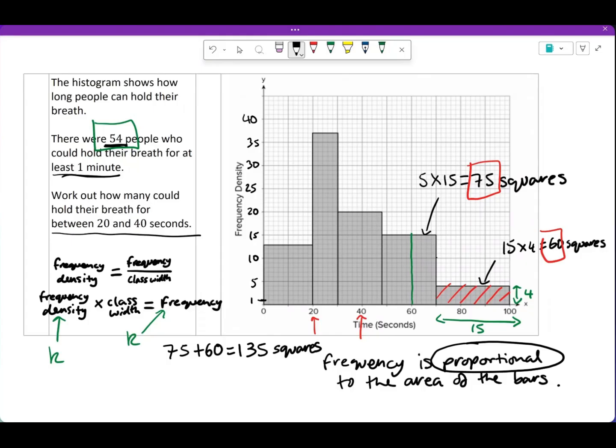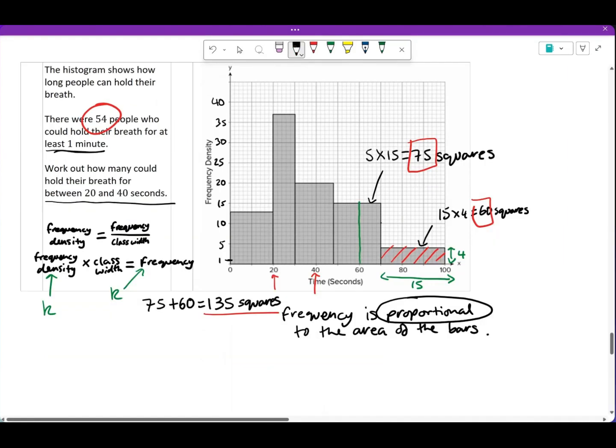So the idea is this 135 squares represents 54 people. So let's write that out. So we have 135 squares is equivalent to, and I'm going to write it as a ratio, 54 people. Now that bit of information on its own isn't massively useful. However, what we could do from this is determine how many squares represents one person.